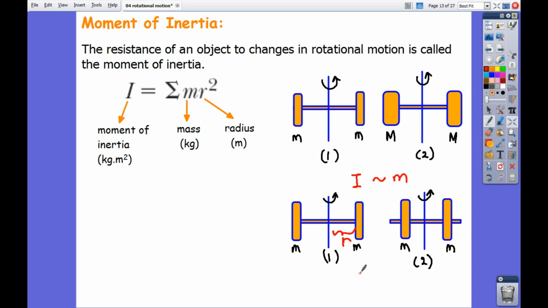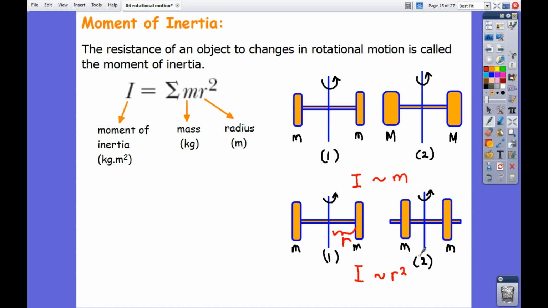So moment of inertia depends not only on the mass of the object, but also on the distance to the rotational axis. But it's not only the radius, it's actually r squared.